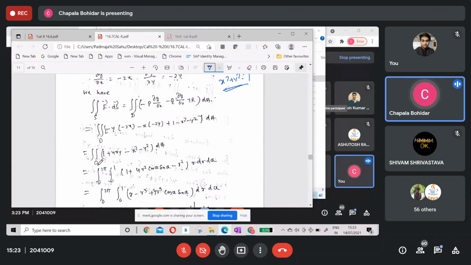By multiplying we get over this domain 1 plus 4xy minus x square y square dA.